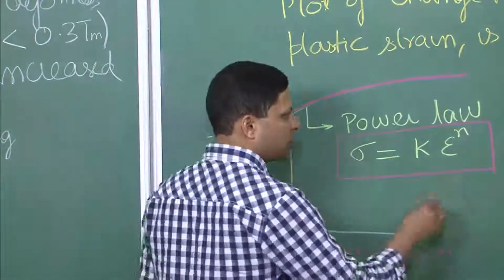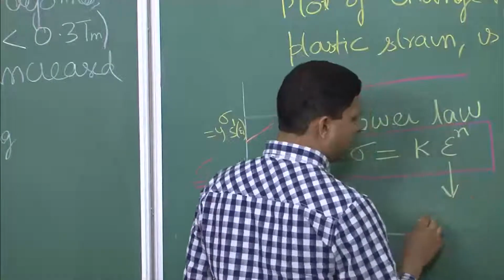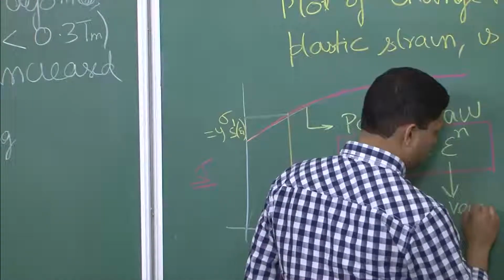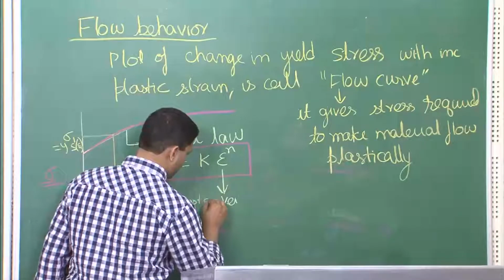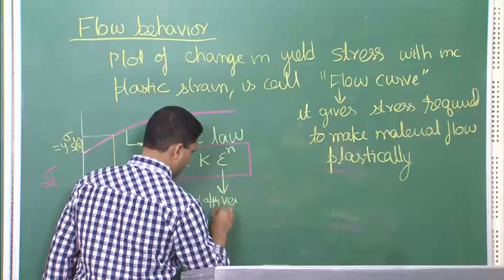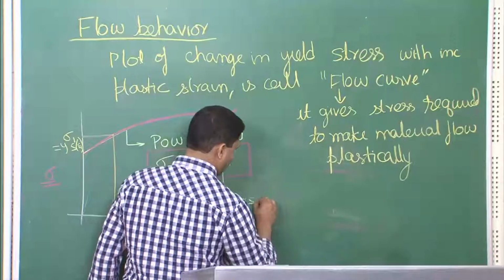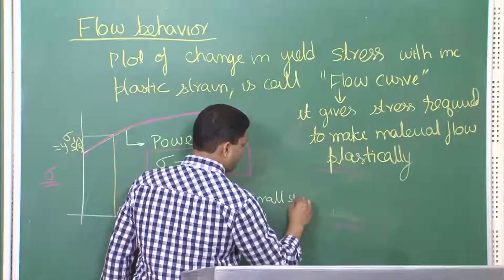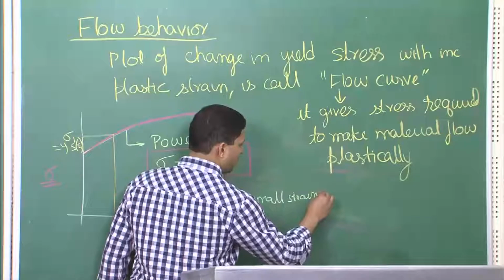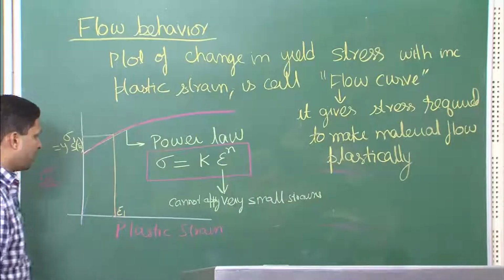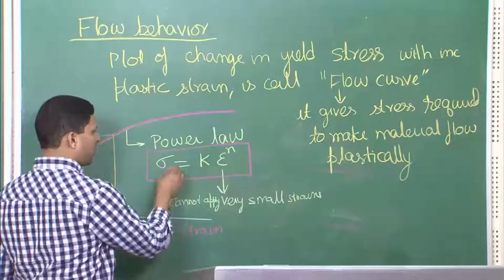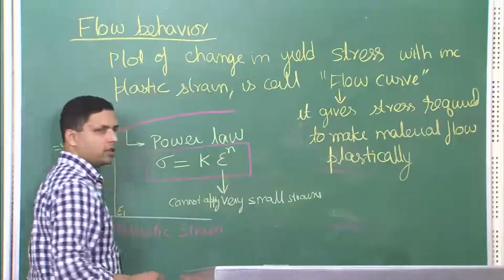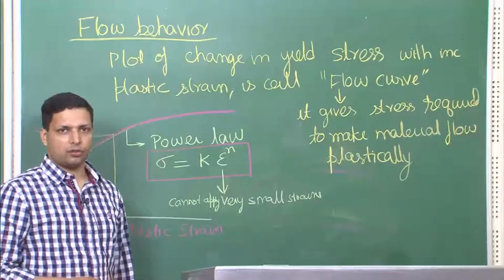You cannot apply it for very small strains. For example, never try to estimate the yield strength of the unyielded material from this by using strain equal to 0.2%, which is 0.002.